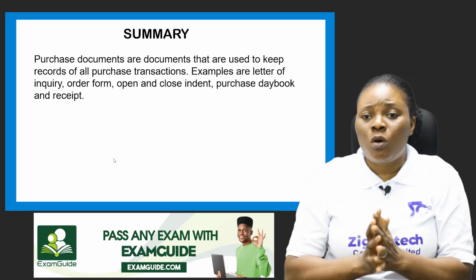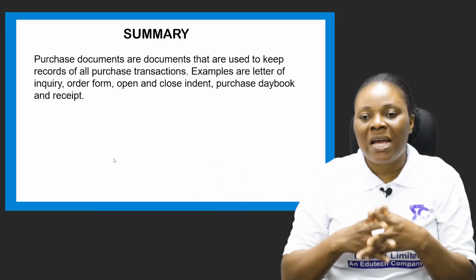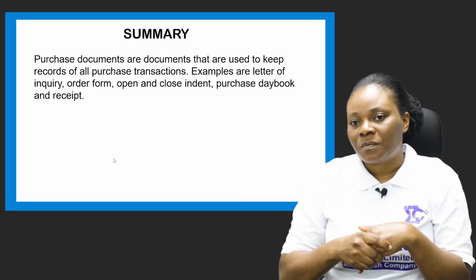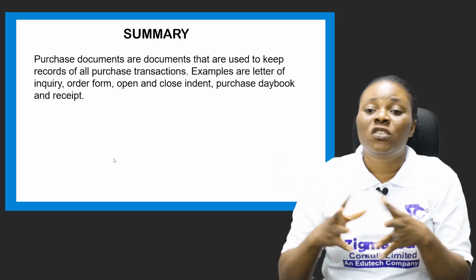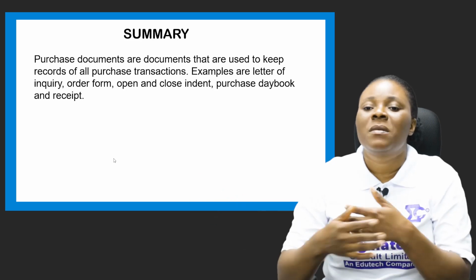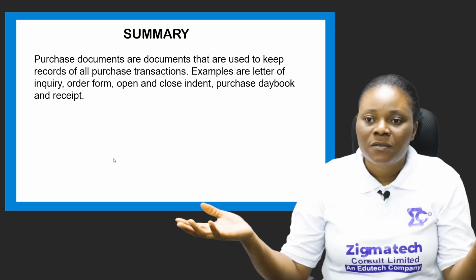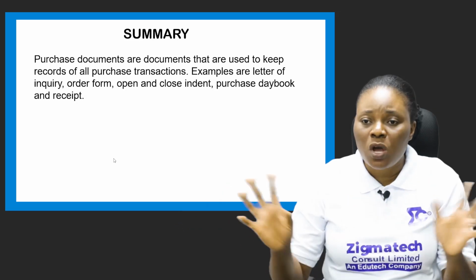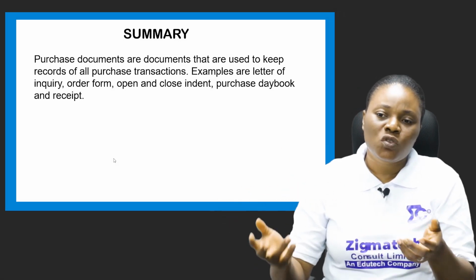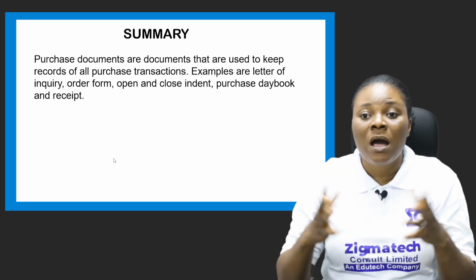You place your order by filling the order form and sending it to the service provider. We also looked at the open and closed indent that is used to source for goods through an agent. The open indent gives your agent the free hand to source for what you need from any manufacturer or from any place, while the closed indent is used to restrict your agent to a particular source or to a particular manufacturer.